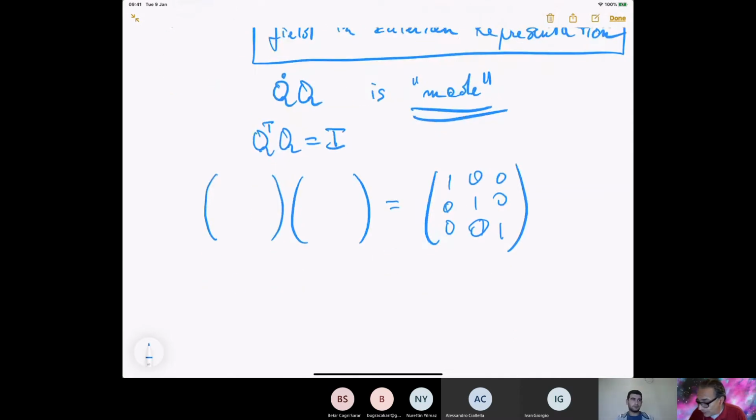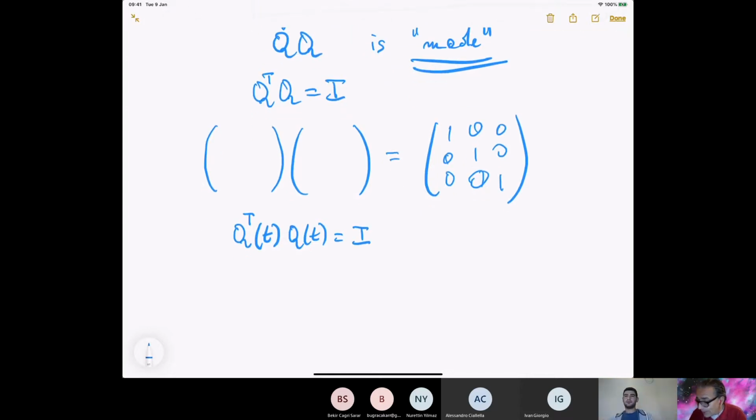So I have Q transposed function of time, Q function of time equal the identity, which is constant. So the idea is I calculate the derivative with respect to time of this. And Leibniz rule holds also for matrix multiplication.